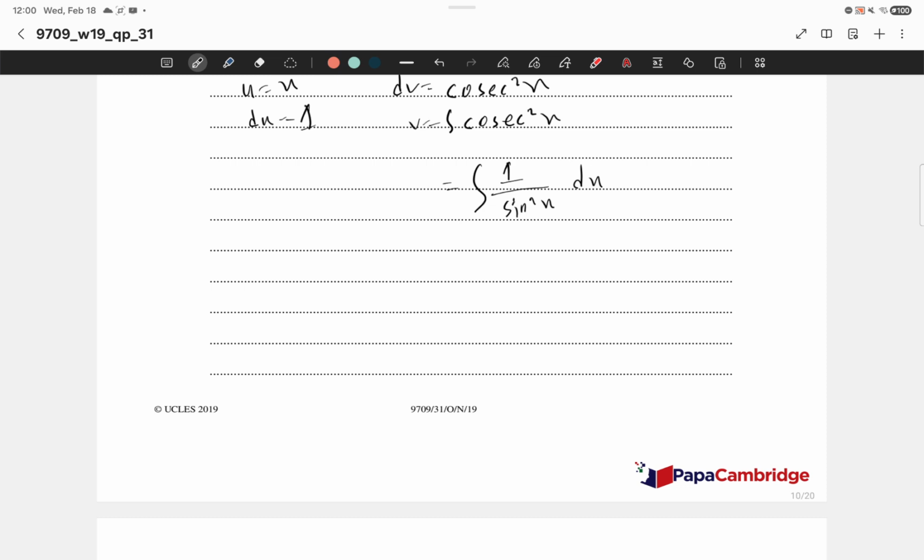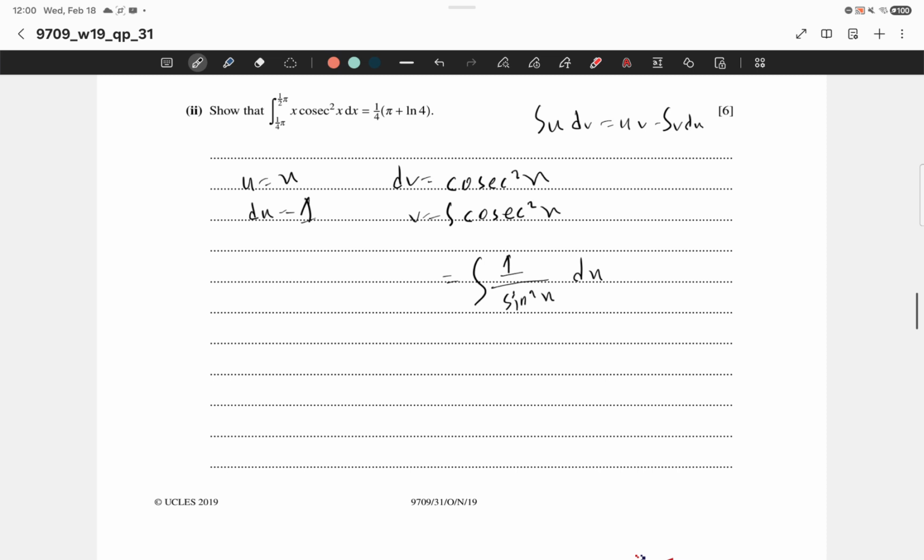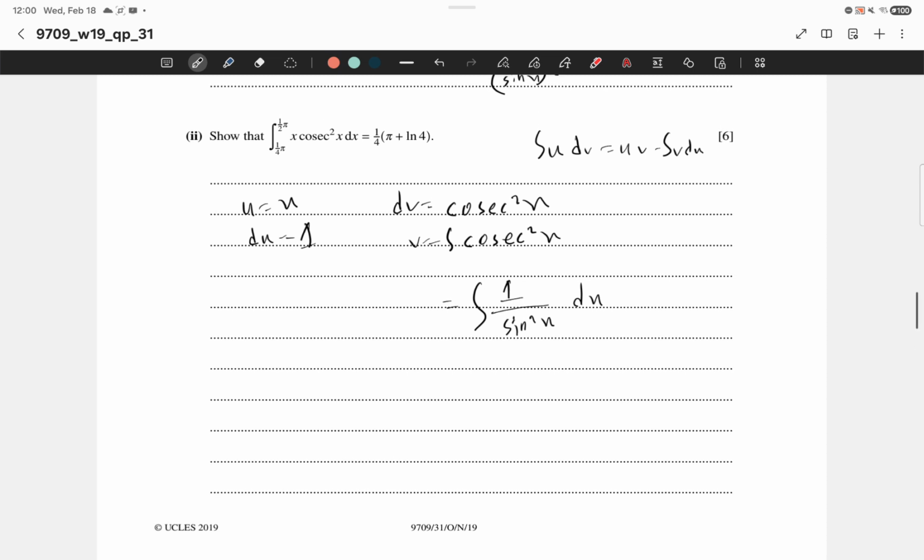Or wait, it would actually be a bit difficult, I guess. I don't know, man, it's confusing. I guess, yeah, we need to bring cot.